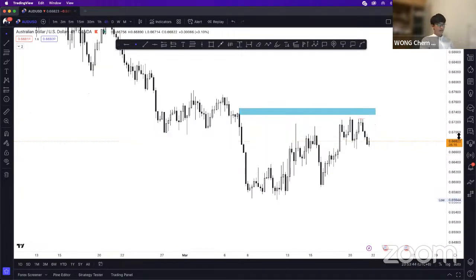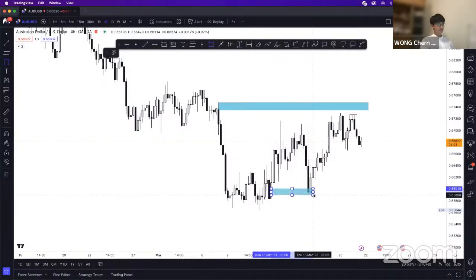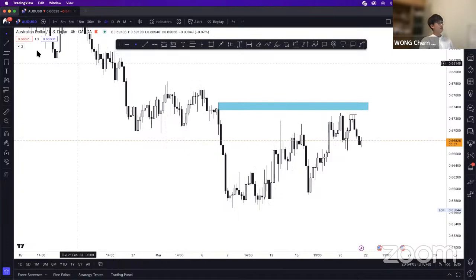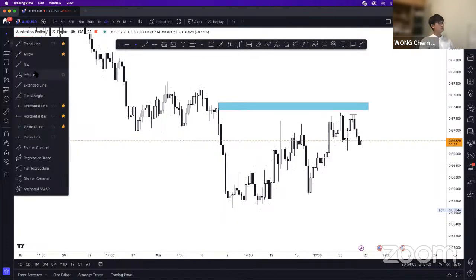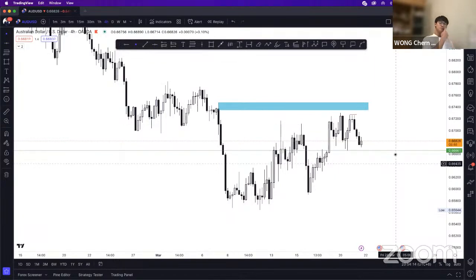On the 4 hours time frame, we notice that price went all the way down. Let me mark this out first. As you can see, price came down to clear this liquidity at the bottom, and is currently in some kind of range. I believe that this specific area here, which is the previous daily low, can actually be cleared.